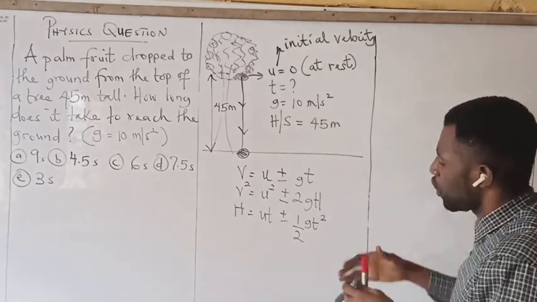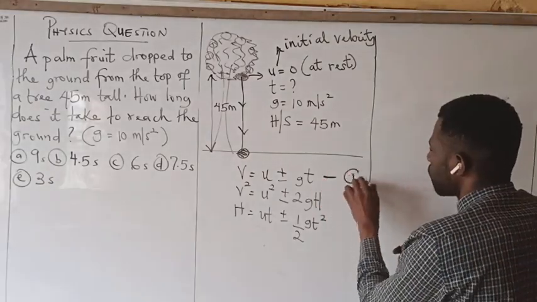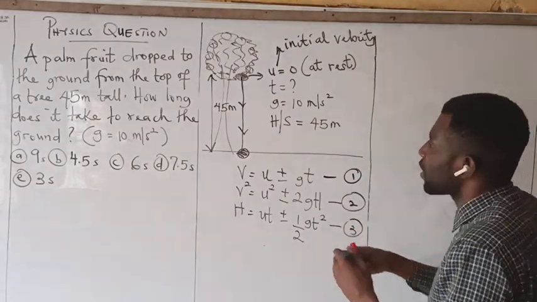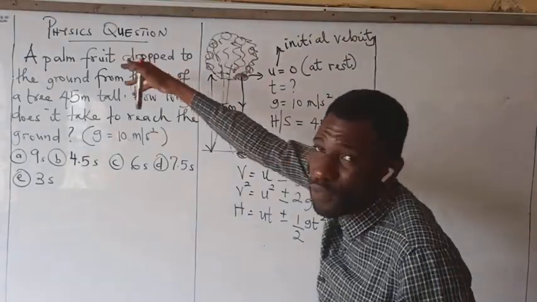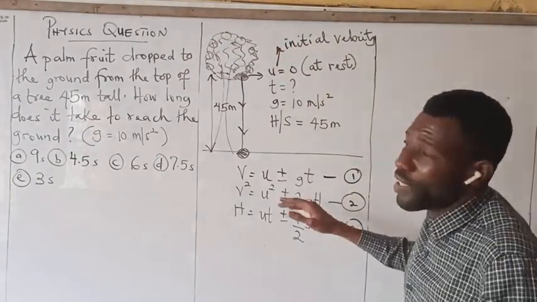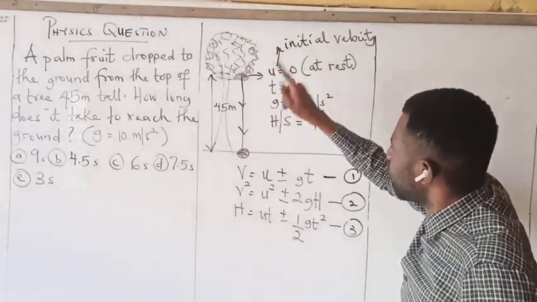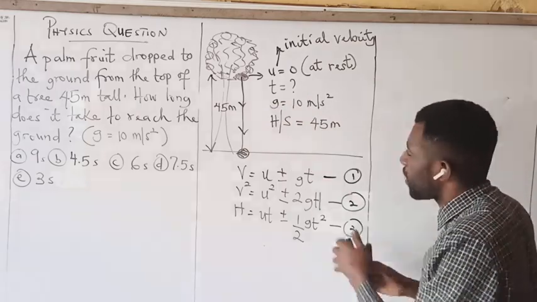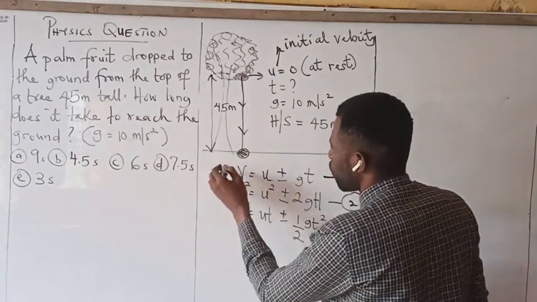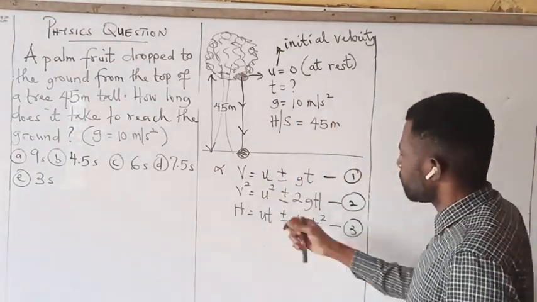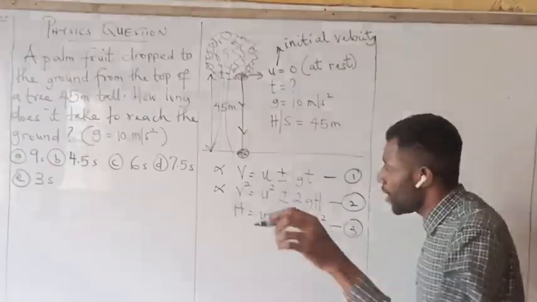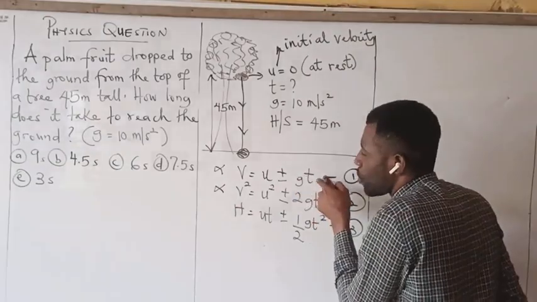Now, how do we know which of the equations to use? We have three of them. All we need to do is check the parameters we listed that are associated with the fruit, and check which of the equations contain those four parameters. We have u, we have t, we have g, and we have h. If you look at the first one, there is v here, so automatically that disqualifies it. Look at the second one, there's another v, which disqualifies it irrespective of the fact that we have g, t and u.